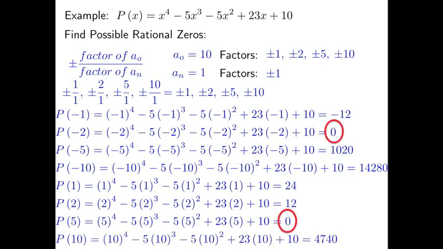And we see that we have 2 rational zeros of this polynomial, one at -2 and one at 5. So now, using what we've factored, we have x plus 2 and x minus 5. And what's left is x squared minus 2x minus 1.